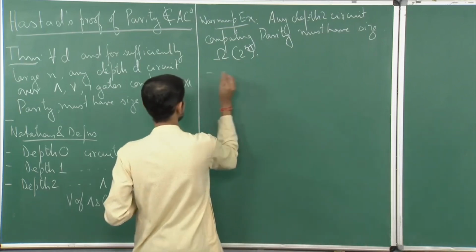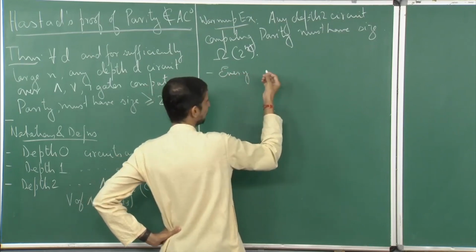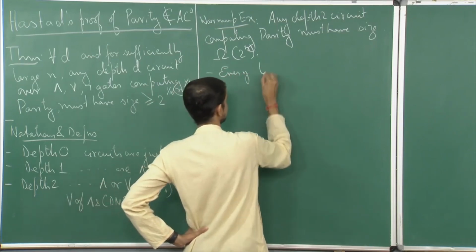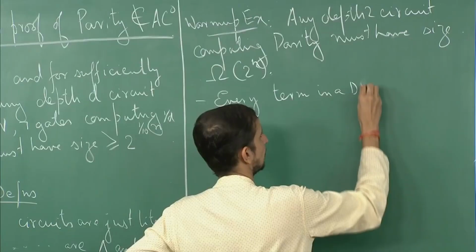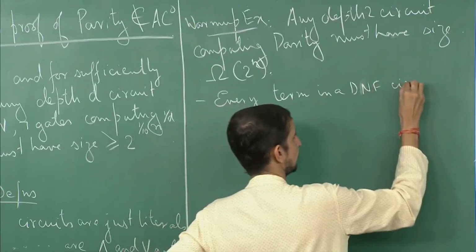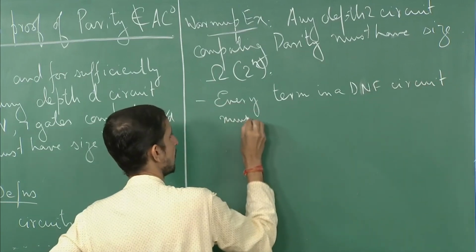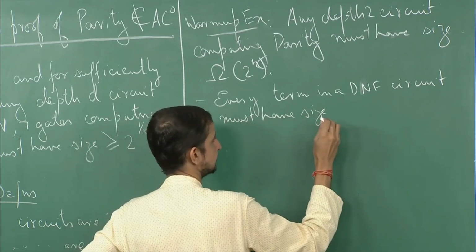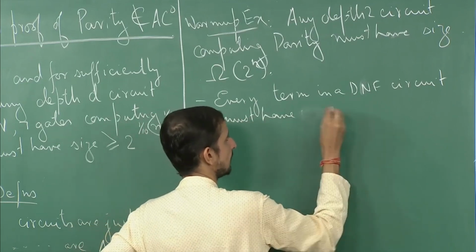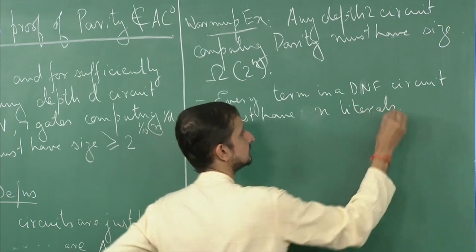So, the first observation is that every term, also known as min terms, in a DNF circuit must have n literals.